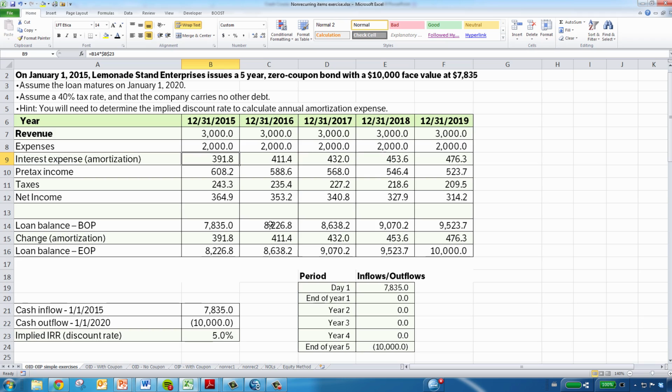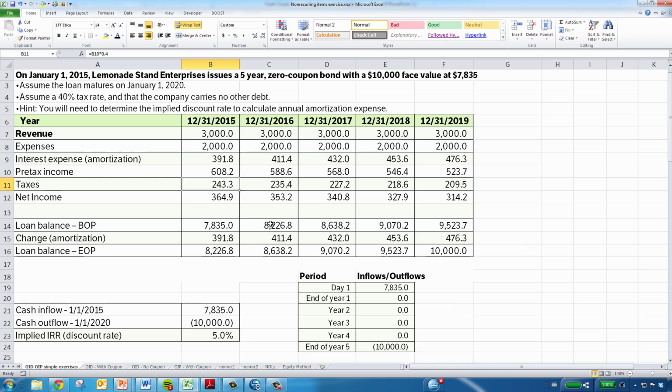And of course, that's non-cash interest. It's amortization of the original issue discount. But from an accrual standpoint, that represents the current period expense associated with the benefits of that borrowing. And so under both US GAAP and IFRS, that amortization is going to get recognized, reducing pre-tax income, reducing your tax obligation, bringing you down to the following net income.